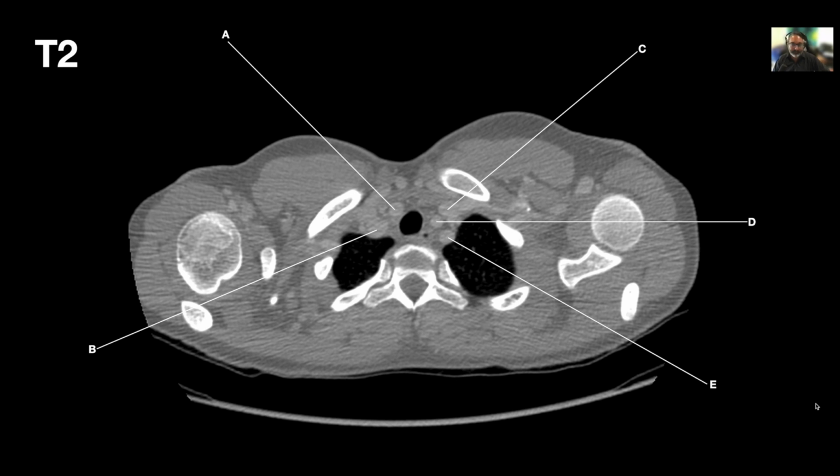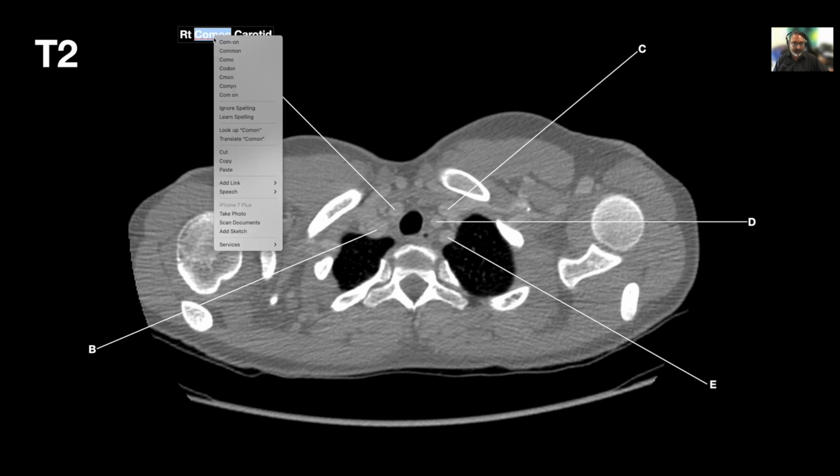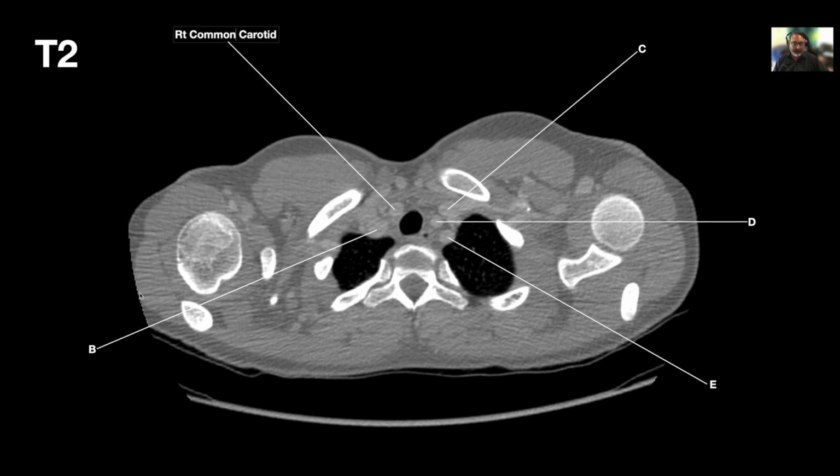I'm thinking. Okay. Coming up into the neck, that would have to be A, the right common carotid. I believe it is. Yep. Right common carotid. And B is probably tracking across.